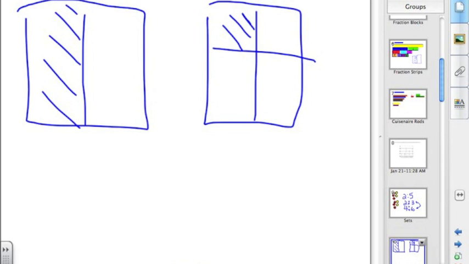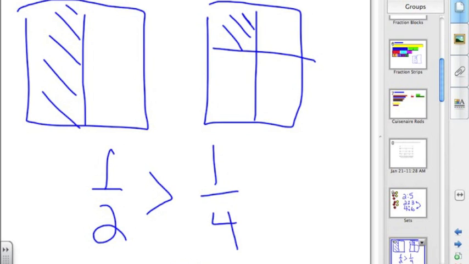So then I would write that to show what I've seen, but I would never be asked to do this without the model, ever. Okay? Not until like middle school. Okay, maybe grade 5, which I consider middle school.